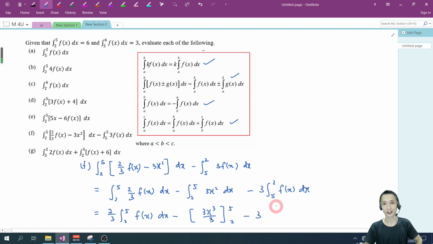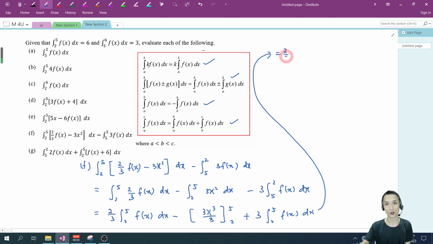Minus 3. So this is 5 to 2. I change it to 2 to 5. When I change it to 2 to 5, you have to change the sign, add a negative here, so negative, this will become positive. Let me continue it here.